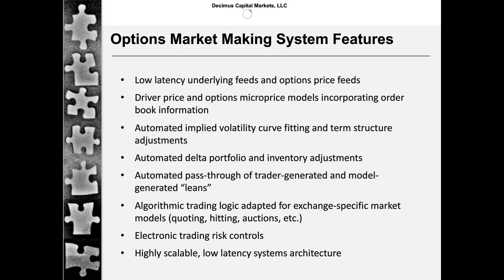And maybe just to be explicit here, I'll give you an example. When the market's going down, vol's going to be going up, and your portfolio is probably going to be trying to buy volatility and to sell delta.